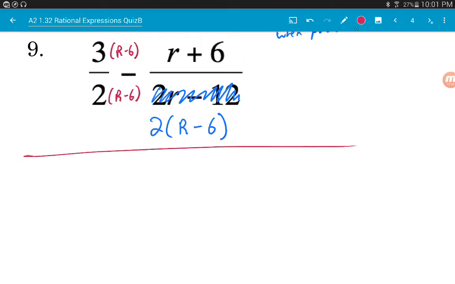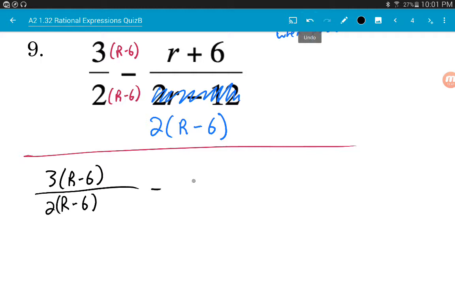I'm going to rewrite because I don't want to be super messy. So I have 3 times (r minus 6) over 2r minus 6. Don't forget your parentheses. Minus (r plus 6) over 2r minus 6.